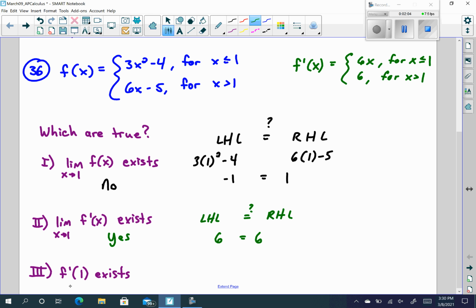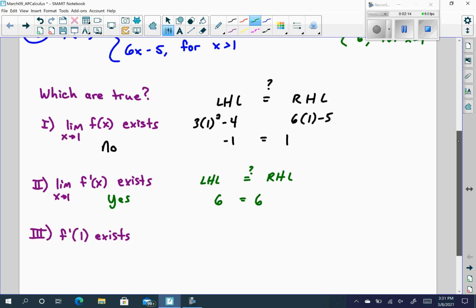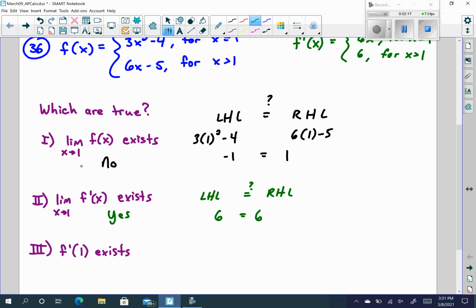Now in this third question, we need to know if the derivative, f prime of 1, exists. And for that, we're going to take a look at the graph. So we're going back up to here. If we go back up to these values right here, being that the limit doesn't exist, we would say no to this as well, because f of x is discontinuous at x equals 1.